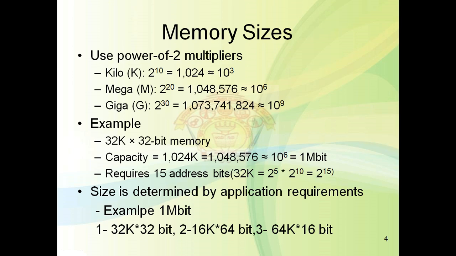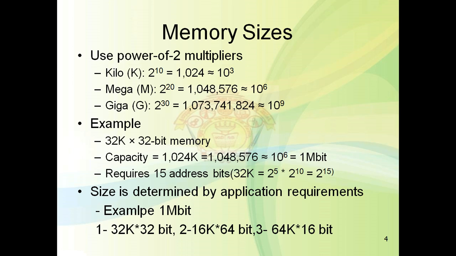In general, the size of the memory is determined by the requirement of the application. In the above example, for 1 megabit memory, we can use 32K into 32-bit memory.